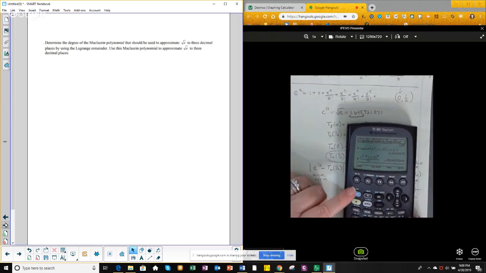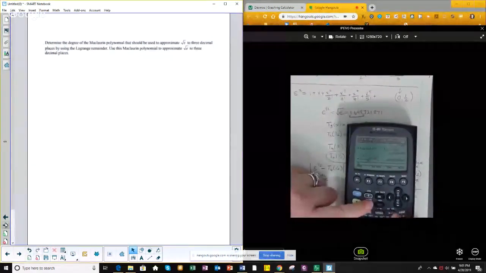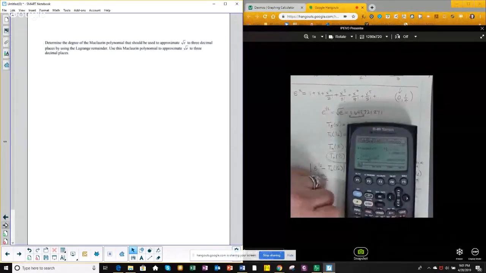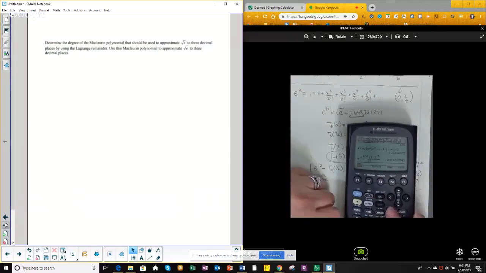I can say absolute value of e to the 1 divided by 2 minus my Taylor polynomial of degree 4. I'm going to hop up and grab my Taylor polynomial of degree 4. There it is.